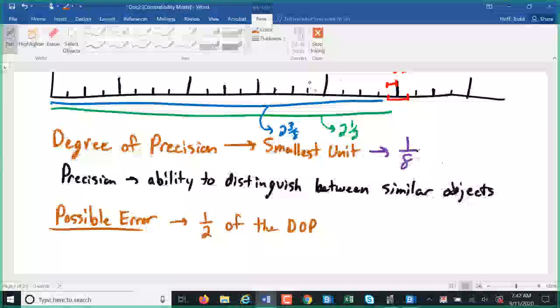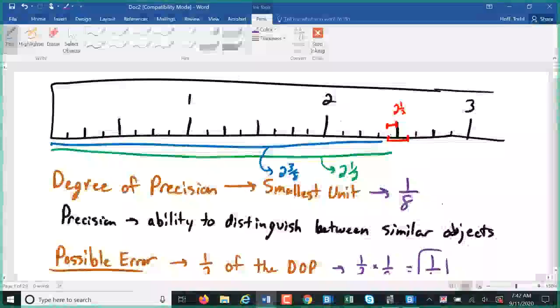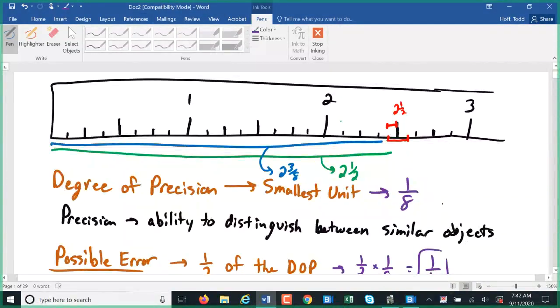So for this measuring device, it's 1/2 times 1/8, or 1/16 of a unit. So what that means is, any measurement reported on this device is only accurate to within 1/16 of a unit.